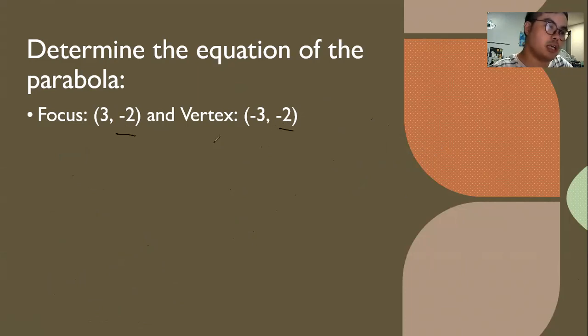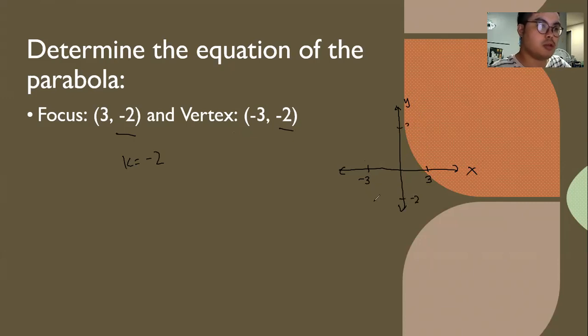Okay, so our k is negative 2. The value of y in the focus and vertex are identical. So let's draw again. So y, then x, then our x is negative 3, then our another x is 3, then our y is negative 2.